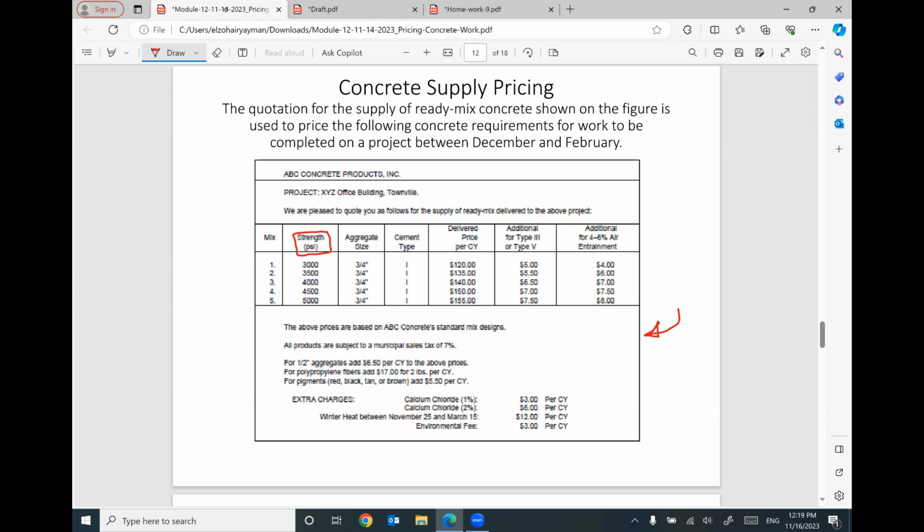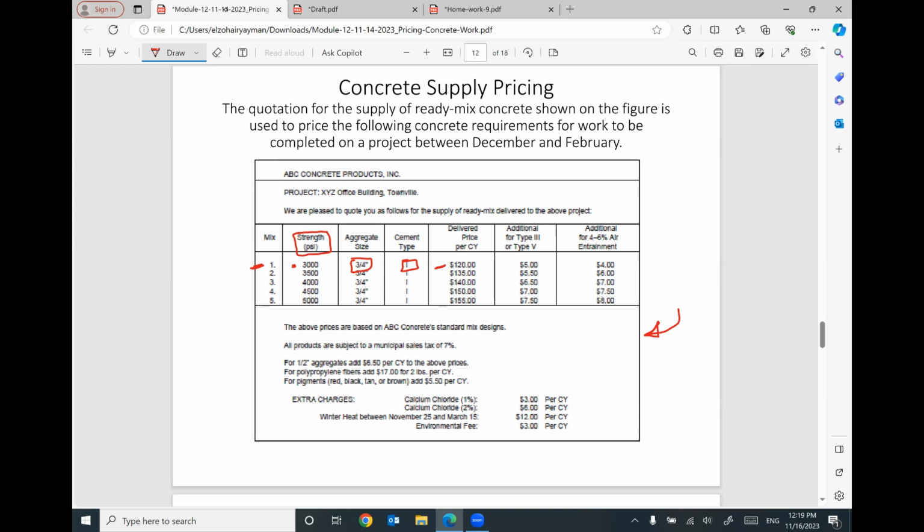Each concrete will have different specifications. For example, if you are ordering concrete with strength f'c equal 3000 psi, a gravel or coarse aggregate size of 3/4 inch, and ordinary Portland cement, the cost for each cubic yard will be $120.